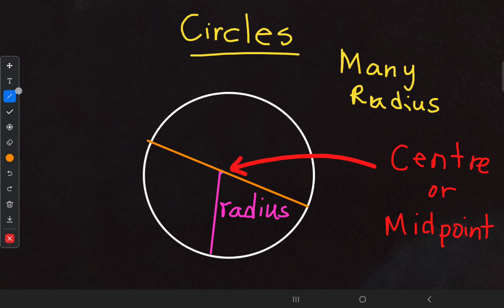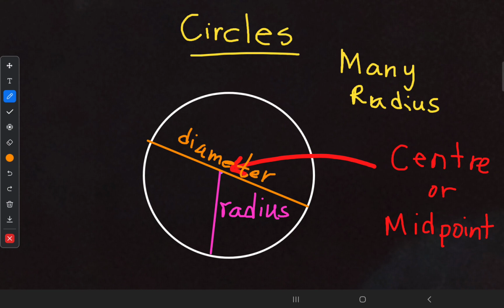Going through means going into the center and to the opposite side of the circle. This straight line starts from the circle, goes through the midpoint and ends also at the circle. This one is called a diameter of the circle.